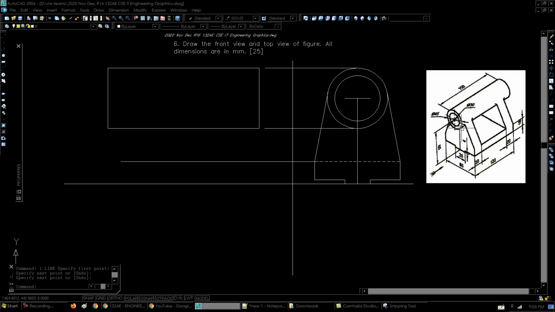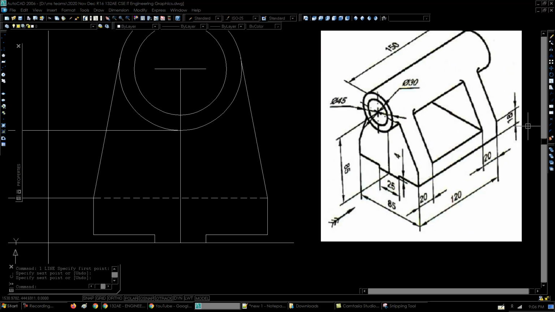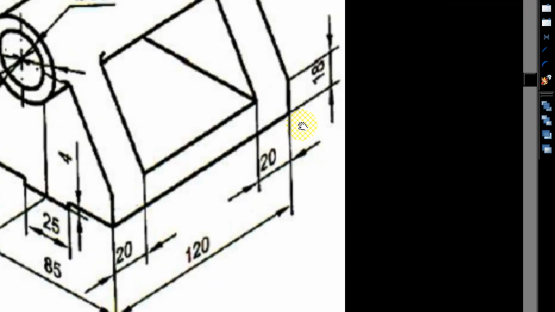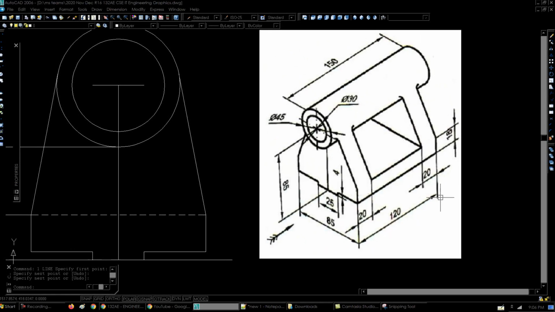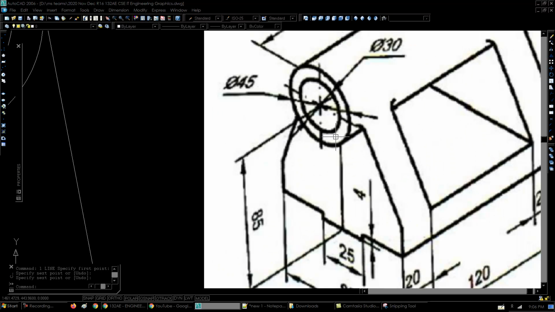Okay, so now comes the important part. What is the distance of this plane here from the endpoint to the cylinder? Oh wow, that I think has not been given to us. Almost all the dimensions have been provided to us, except the distance between the end face of the cylinder and this face over here.